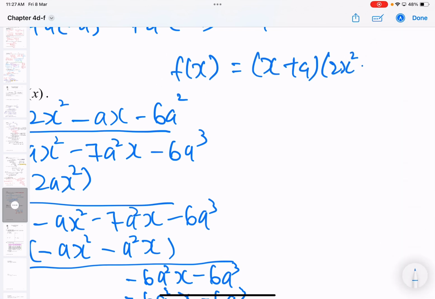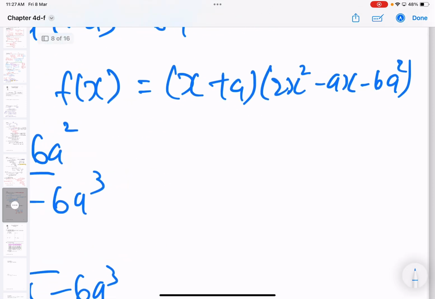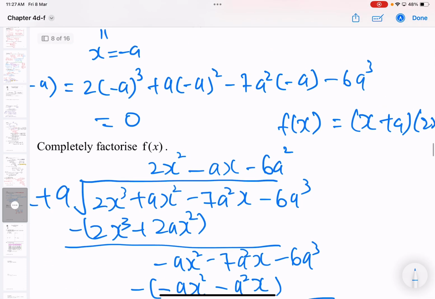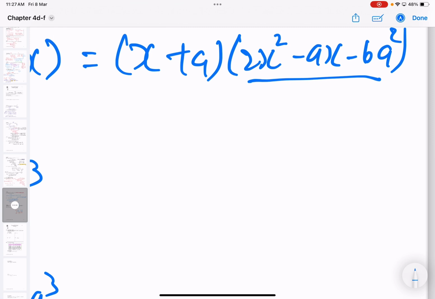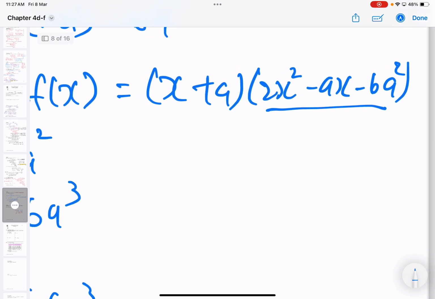This is wrong. Why? Because the question says factorize completely or completely factorize. That means you still need to factorize this thing. But the question is how? How do you factorize this disgusting thing?